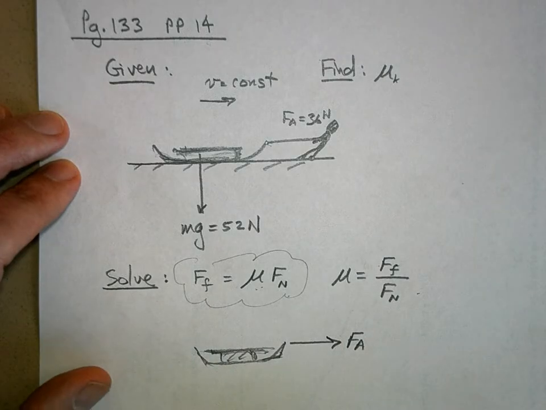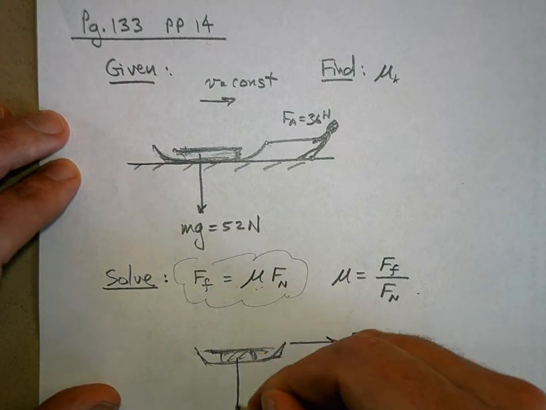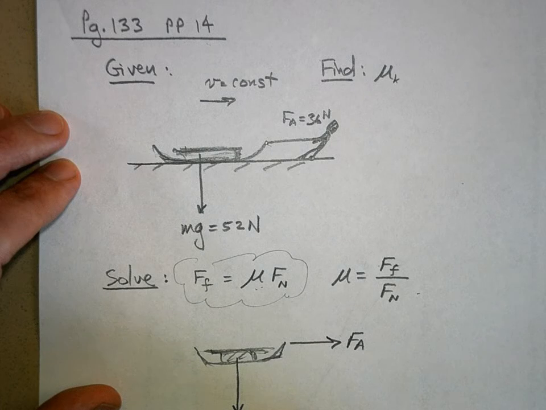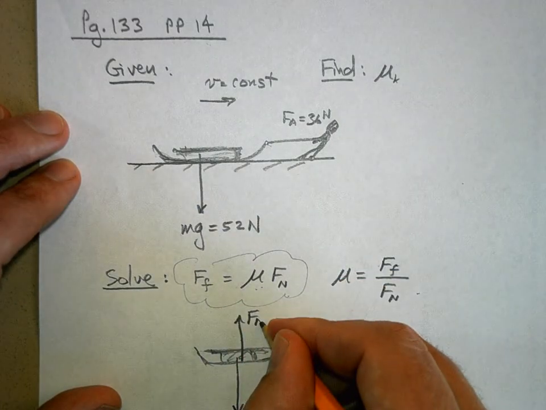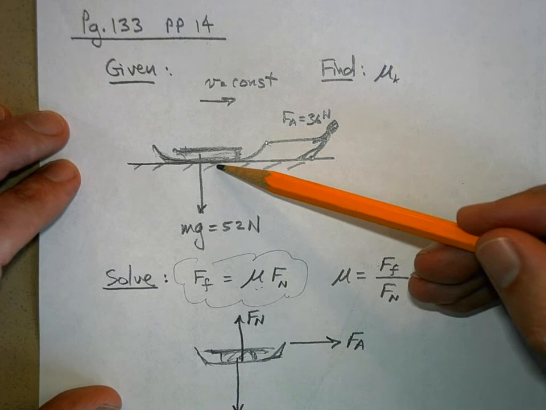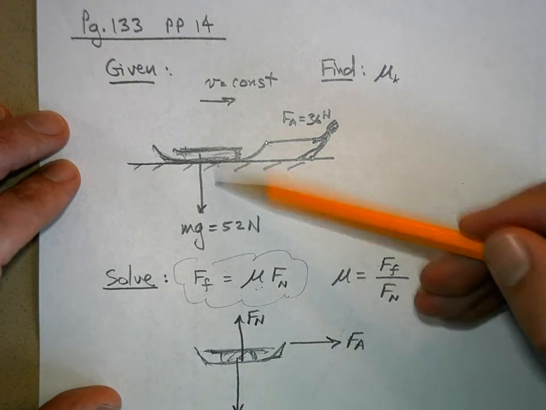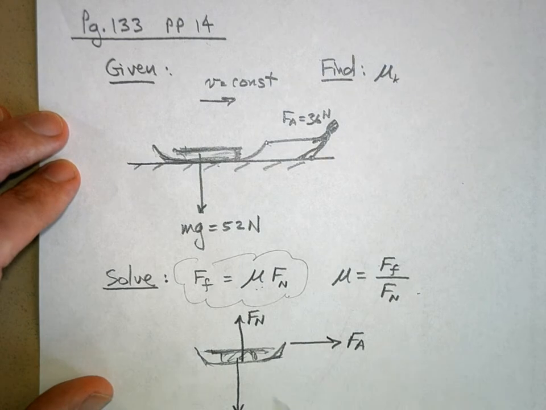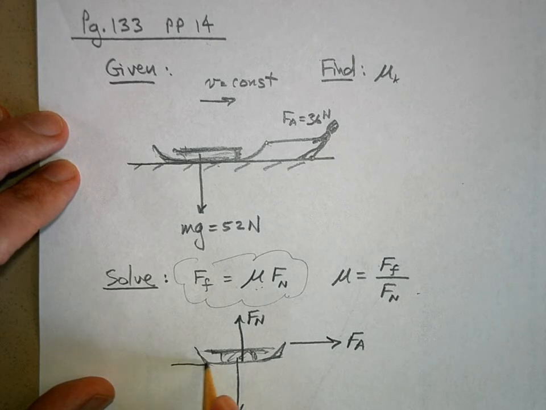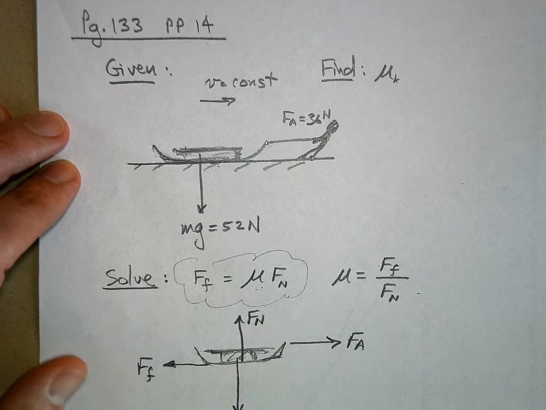Okay. So then we've got the weight of the sled, which is also given. I've got the normal force. That is the interaction between this surface and the runners that's perpendicular to the surface, and then I've got a force of friction, like that.